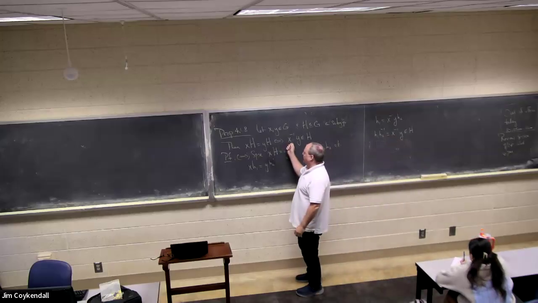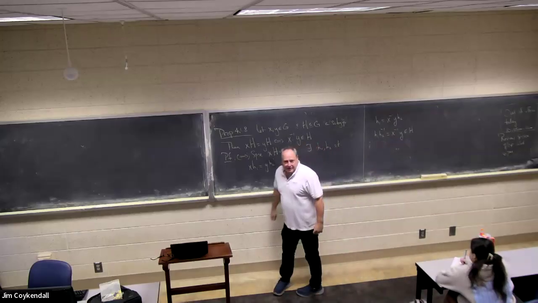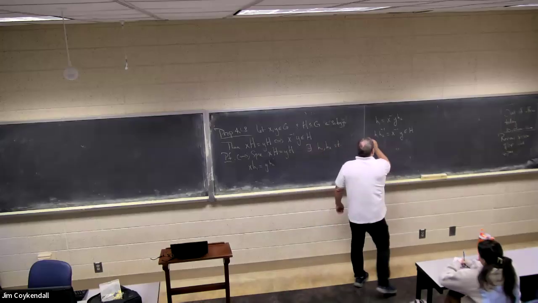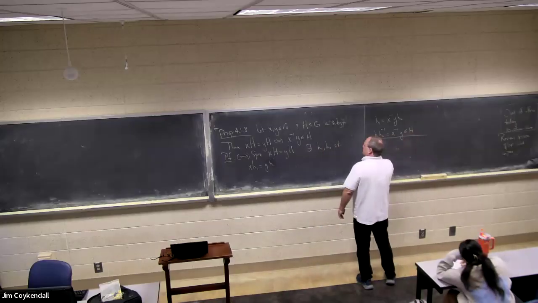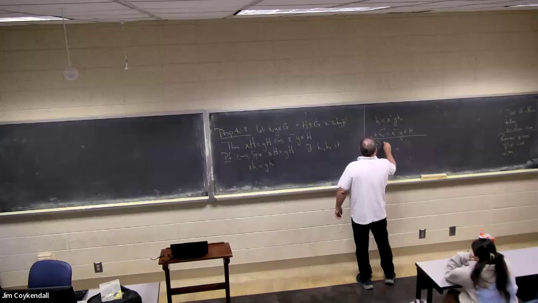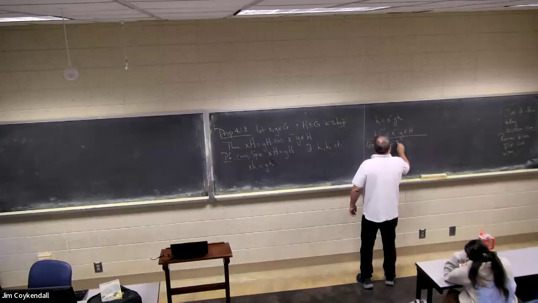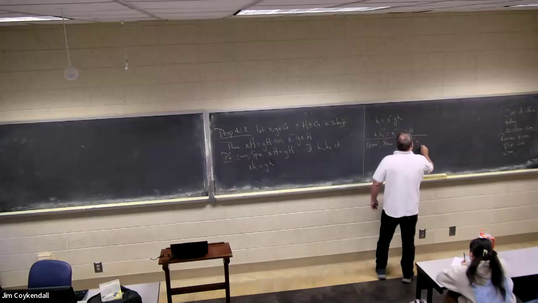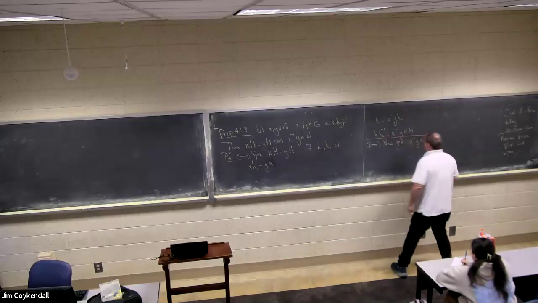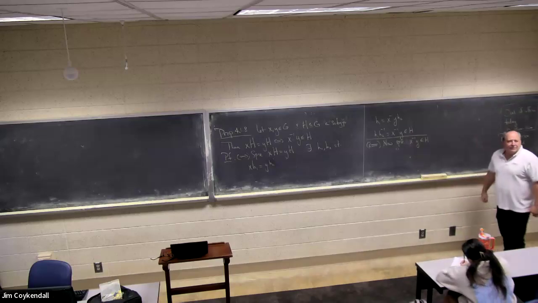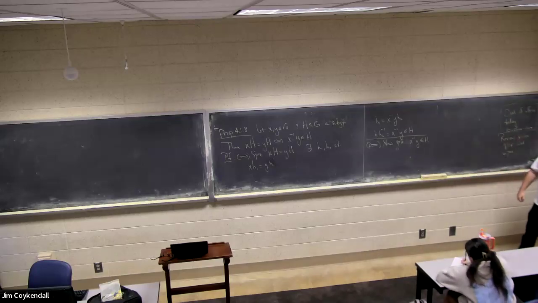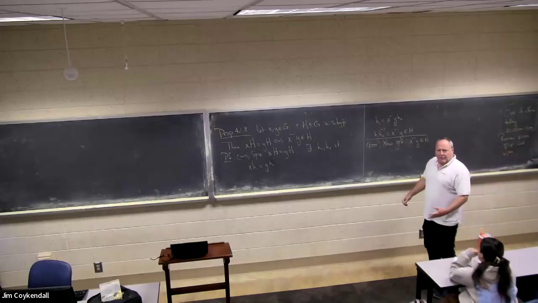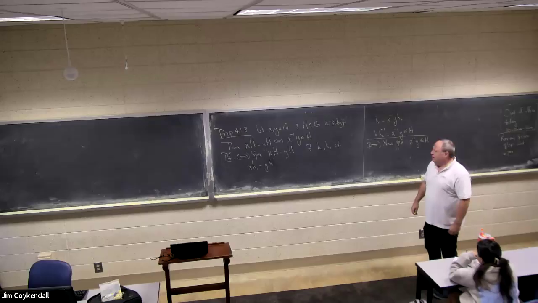If the two cosets are the same, this holds. How about the other direction? Suppose now that X inverse Y is an element of H. Well, I'm going to use some of the stuff that I already know here.